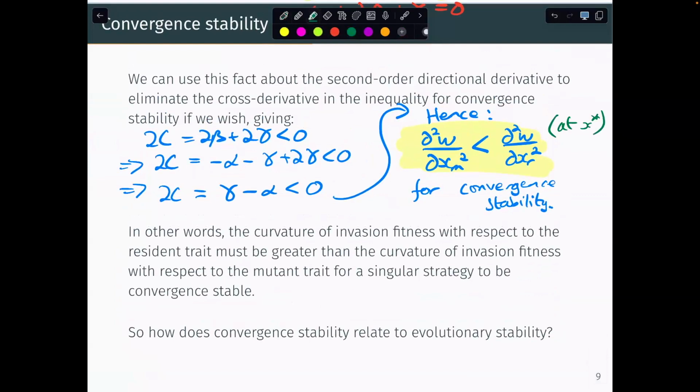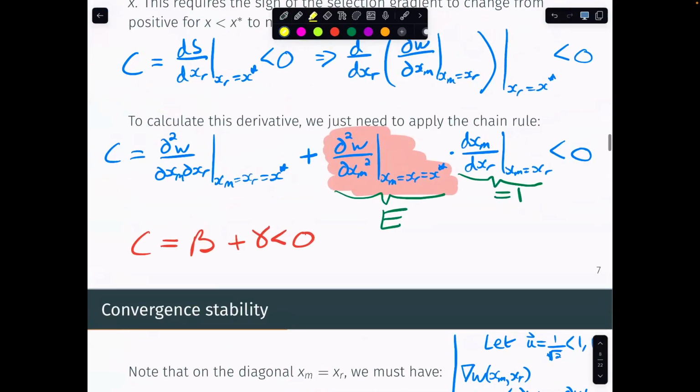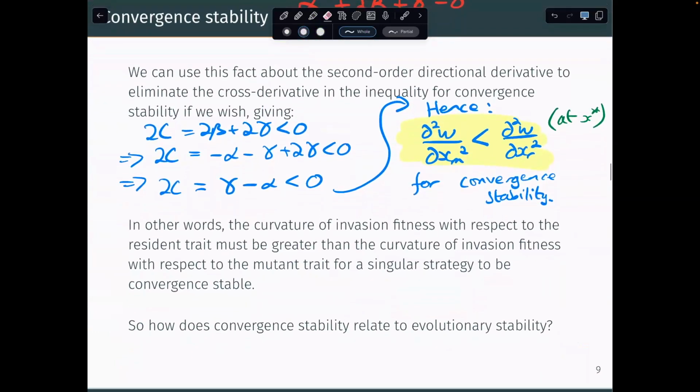So in some circumstances, it might be easier to work out this is your evolutionary stability already, your E. It might be easier to work out this partial than it is to work out the cross derivative. So you could use either that condition or this condition up here, they're equivalent, to work out your convergent stability. It all really hinges on how difficult it is to work out this cross derivative or how easy it is to work out the second order partial with respect to your resident trait. There's 2 ways to do it.